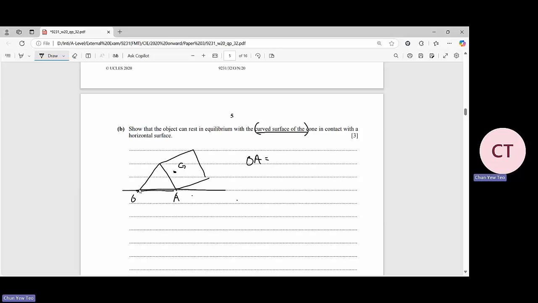What is OA? This is 4r, this is 3r. So OA is actually the square root of 4r square plus 3r square, which is 5r. So what is your OG?